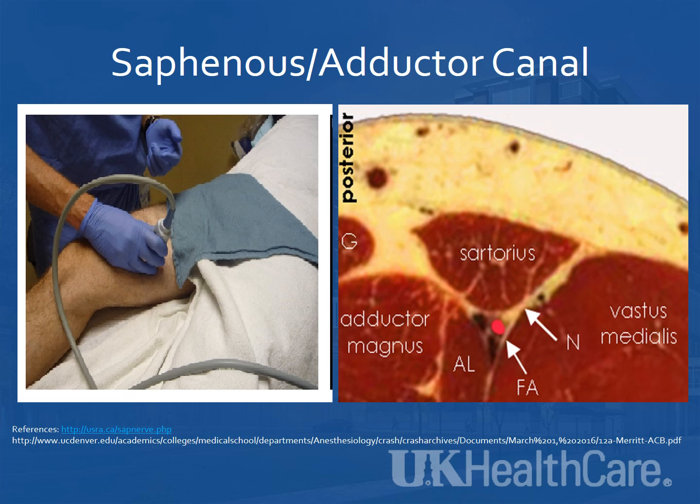Ideally, this should just be a sensory block, so that's why this is a little bit more favored by the surgeons, because patients should have ambulatory ability afterwards. However, also keeping in mind that I mentioned before that the sensory segments can branch out a little bit.